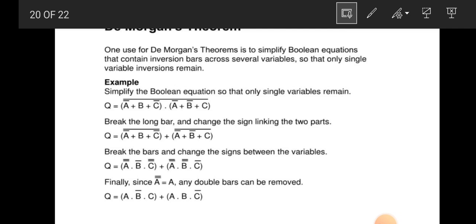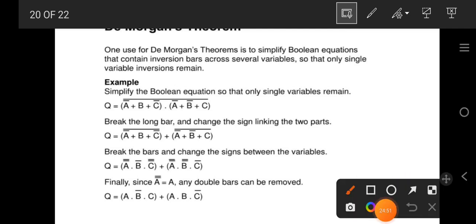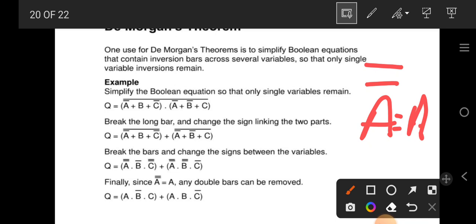Now finally, as we know the inversion rule, A double bar is nothing but the A. So applying this rule here, this A is having double bar, this C is having double bar, this A is having double bar, this C is having double bar. So remove all the double bars and simply write A here, C here, A here and B here.